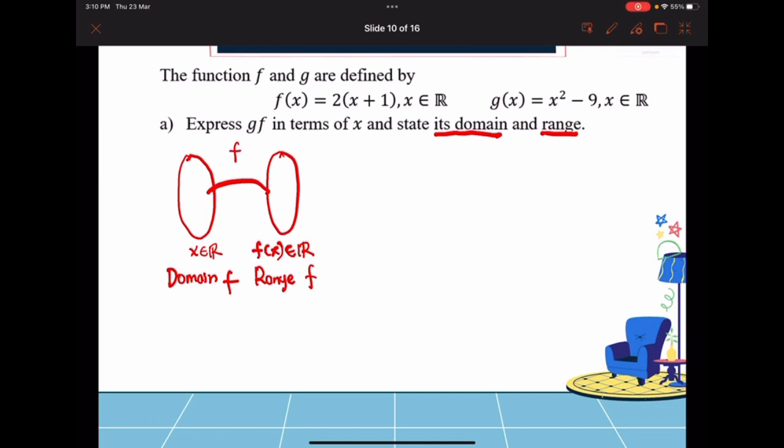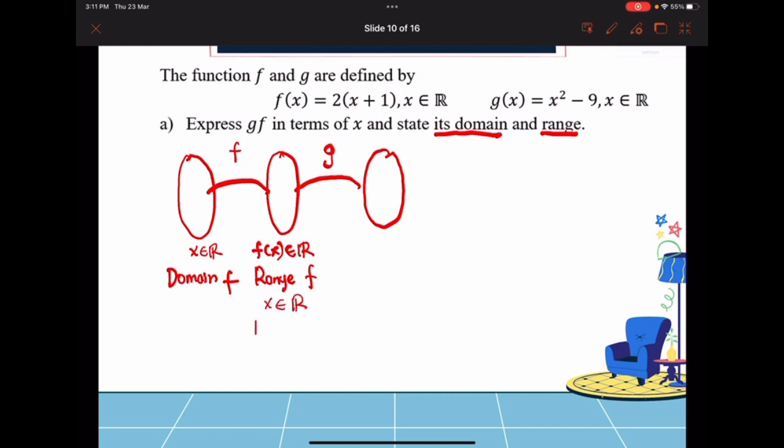Now, let's look into the g relation. The g relation is also a relation from one set of elements towards the other set of elements. Now look into the domain of g here. The domain of g covers all real numbers.